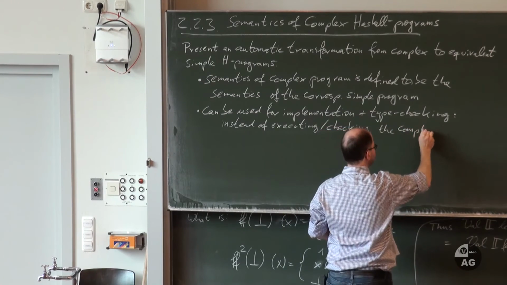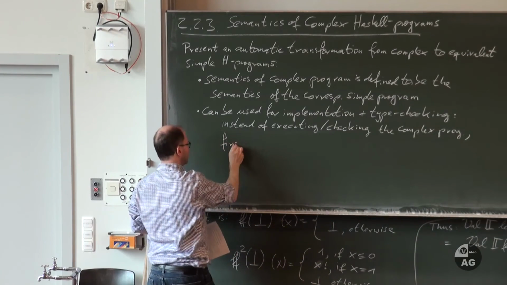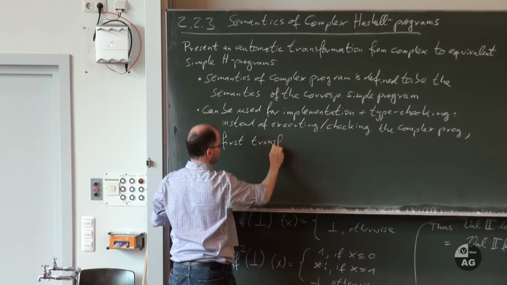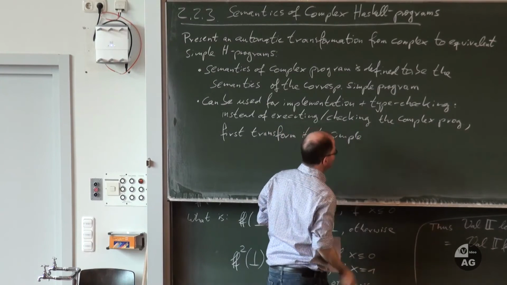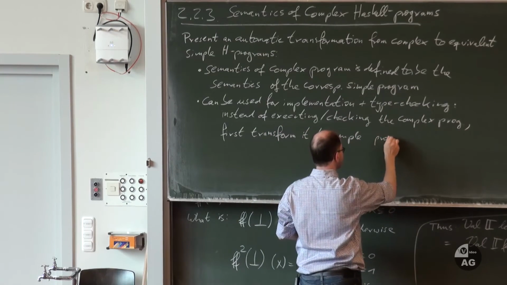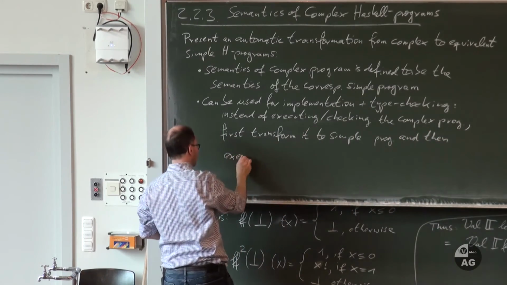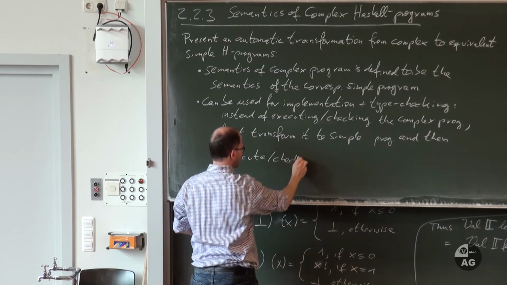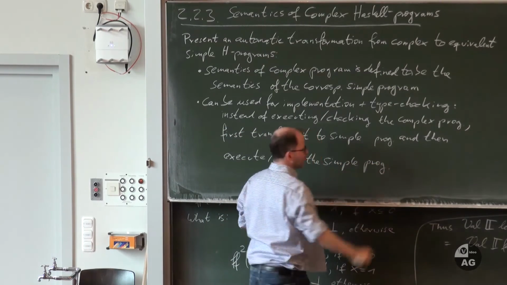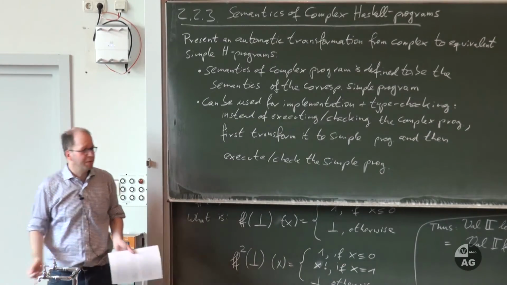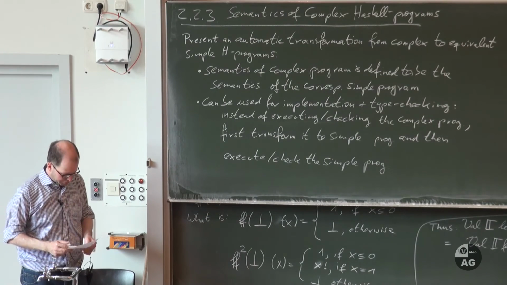The complex program is first transformed into a simple program, and then we execute or check the simple program. In this way, we'll have a transformation which removes all the syntactic sugar and gives you back a simple program, and then we can work on the simple program.